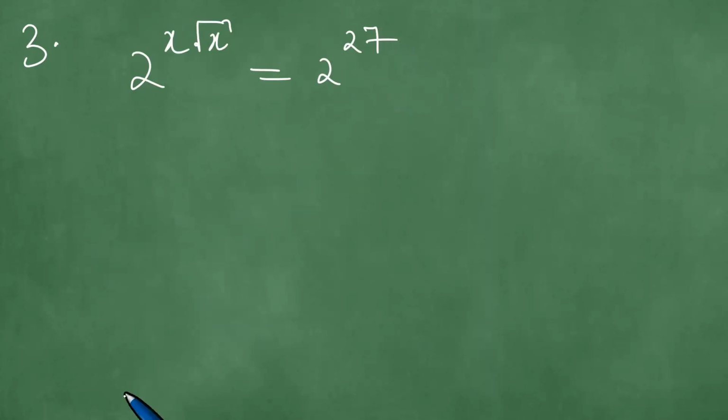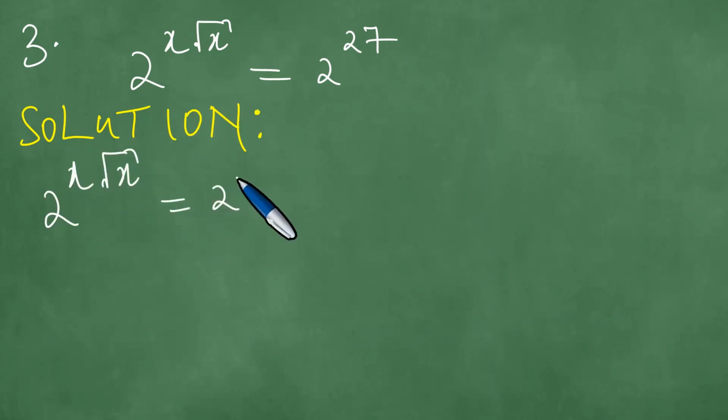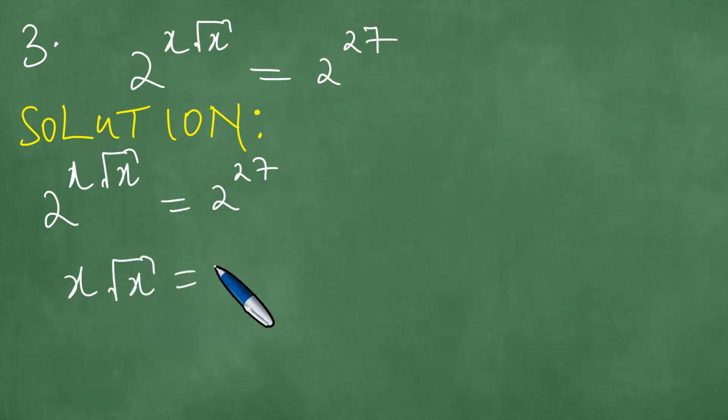The bases are the same here, so the exponents are equal: x times the square root of x equals 27.